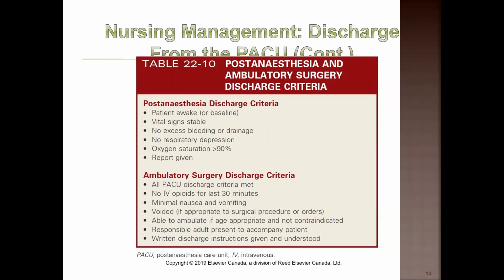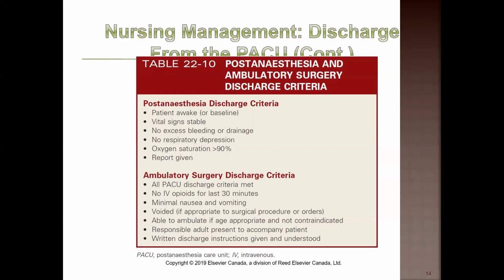And so if a patient hasn't voided, the classic criterion is if a patient hasn't voided within 8 hours post-op, that patient needs to be catheterized. We would get an order for that, and that would be an in and out catheter typically rather than leave it in. But all patients who are to be discharged from ambulatory surgery should be able to void before they go.